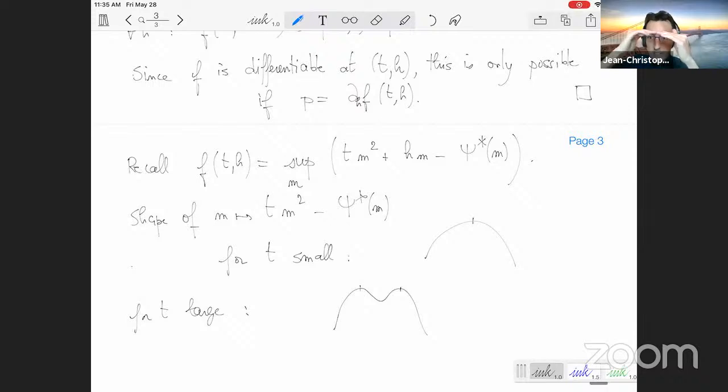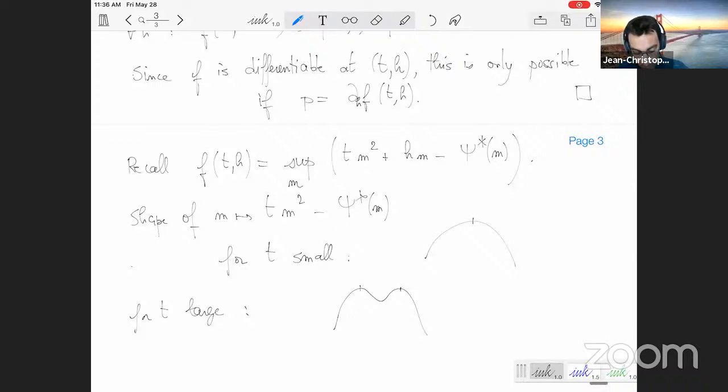Now imagine you're looking at the situation where h is extremely tiny positive. So the function you care about now is the same, but plus hm for a tiny h, let's say positive. Then you're just bending the curve a little bit on one side. So when t is small, nothing major will happen.